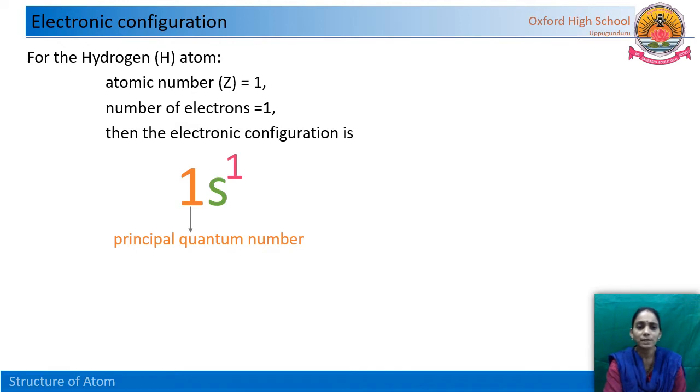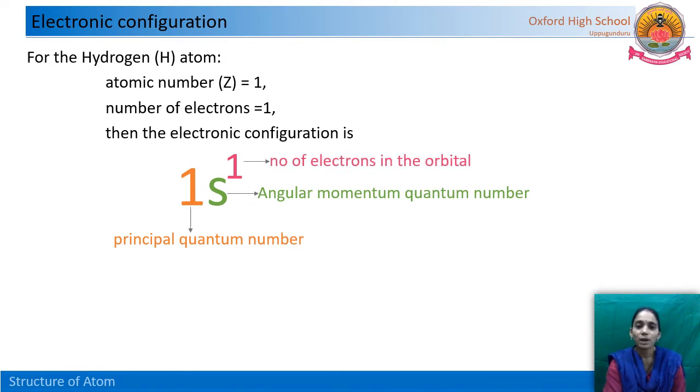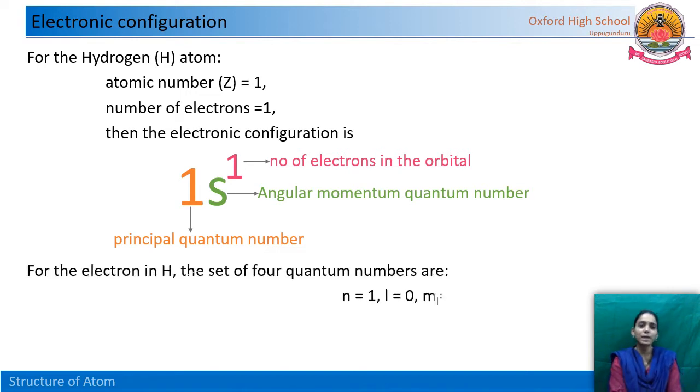Here 1 is the principal quantum number and s means angular momentum quantum number. That means it gives us the information about in which subshell it is present, and 1 is the number of electrons in the orbital. So for the electron in hydrogen, the set of 4 quantum numbers: n is the principal quantum number, n is equal to 1.